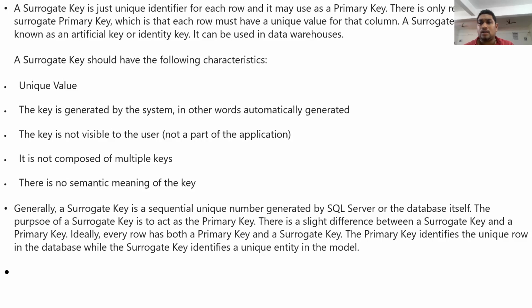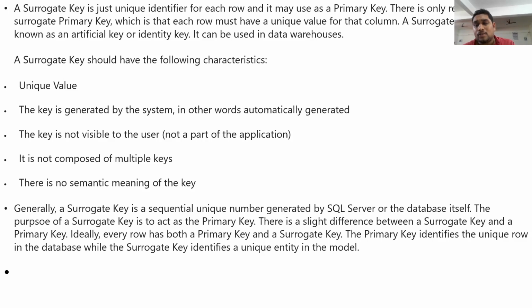For example, in your student table, SID is a primary key. College code is also a unique key, so if any relation uses a college code, that college code acts as a surrogate key because it has primary key properties and the possibility of a unique key constraint.